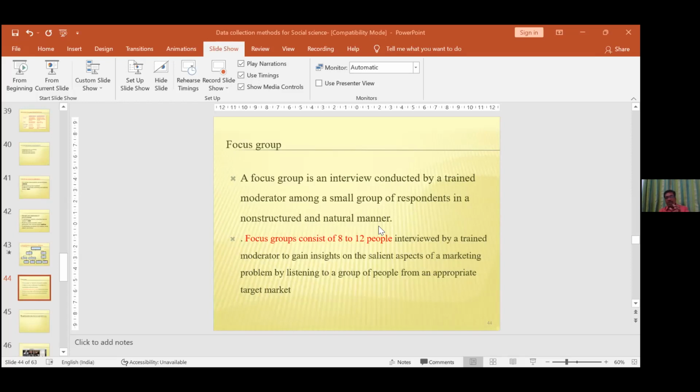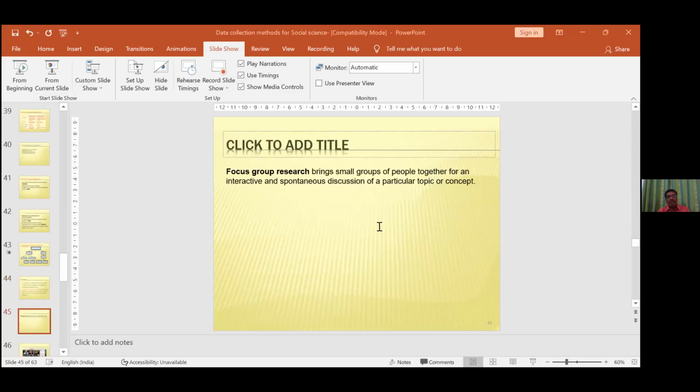What is the minimum size? Minimum 8. What is the maximum? Maximum is 12. Some issue will be given to the particular focus group. Then the focus group is supposed to discuss. Based on the discussion, the moderator, the researcher, will get some insight, some idea, and may collect some data. This is focus group.